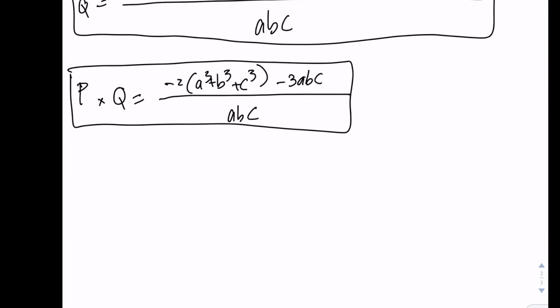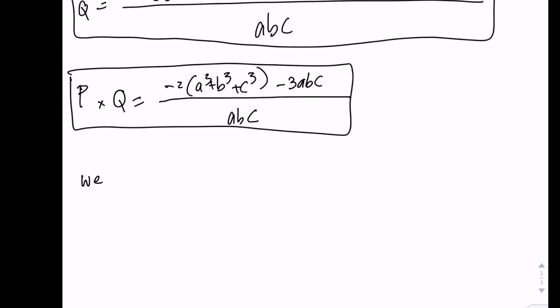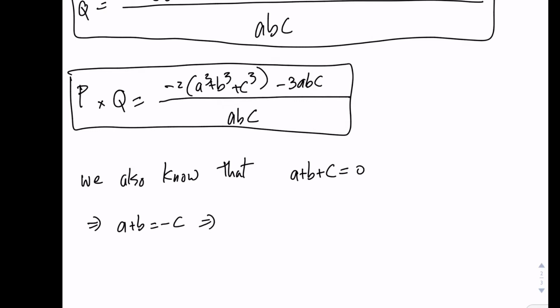On the other hand, we also know that A plus B plus C is equal to 0. Therefore, if we move C to the other side of the equation, we will get A plus B equals minus C, and now if we raise both sides to the power 3, we'll have A plus B cubed will be minus C cubed.